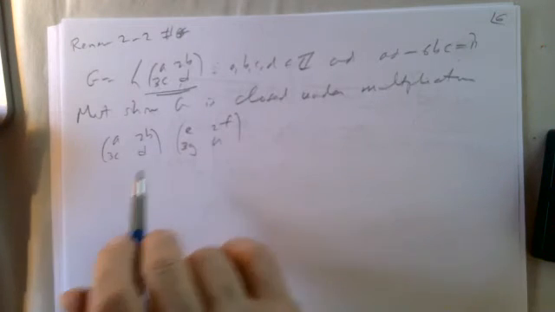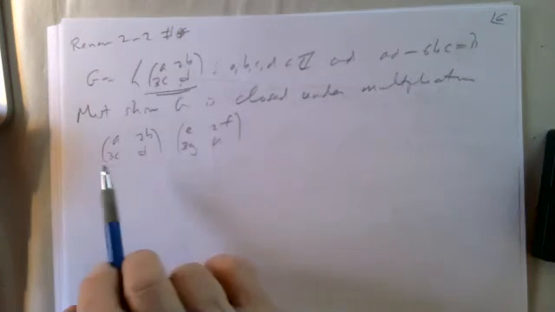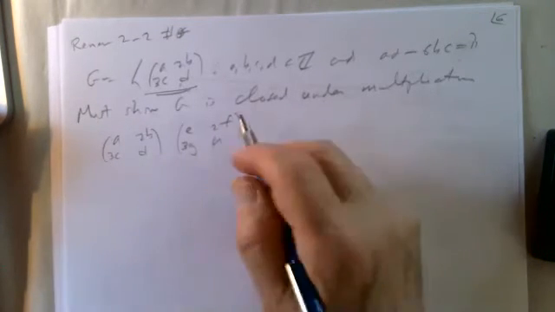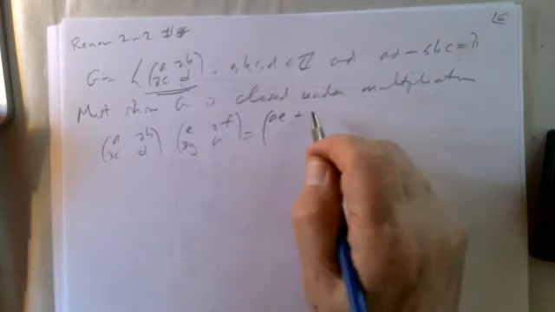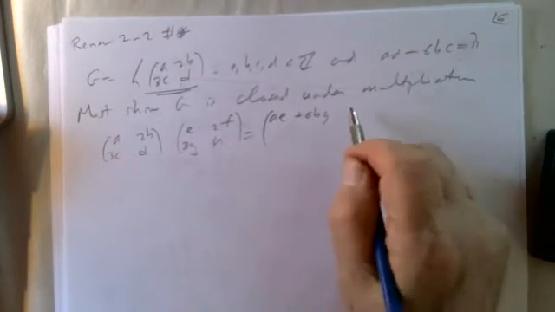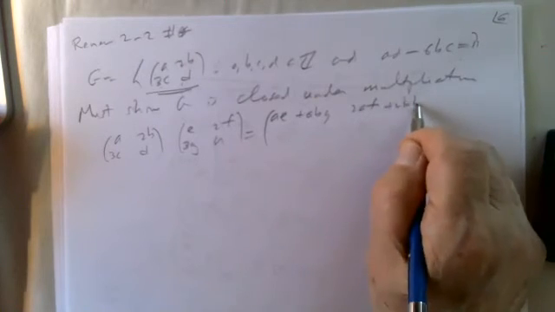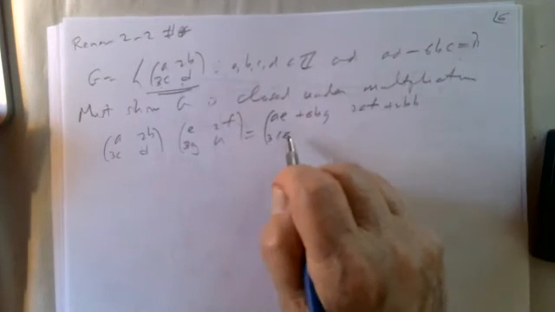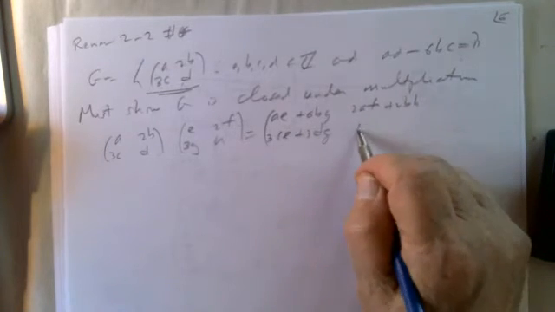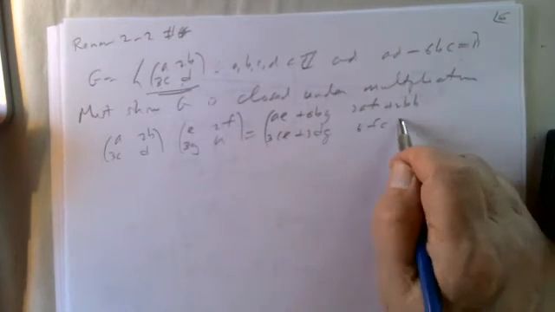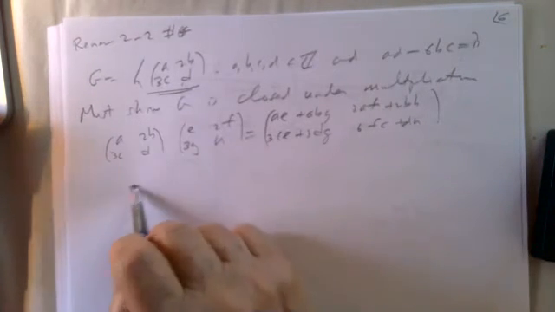These are two integer matrices with the upper right coordinate divisible by 2 and the lower left coordinate divisible by 3. When we multiply, we get ae plus 6bg, 2af plus 2bh, 3ce plus 3dg, and 6fc plus dh. That's what matrix multiplication gives.